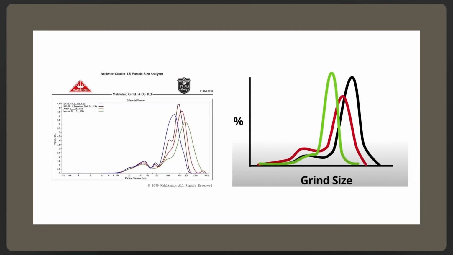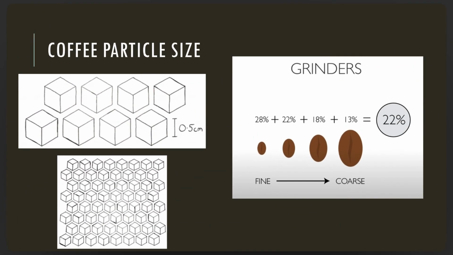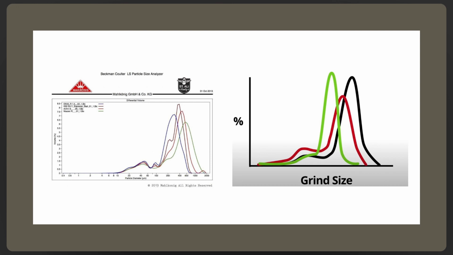Here is the tricky part of grinding coffee. When we think of the distribution of grinds, with this picture here, we're thinking all of the grinds are exactly the same. But the way a coffee bean is ground, it's either crushing or cutting the grind up, and we get a distribution that's not unimodal.